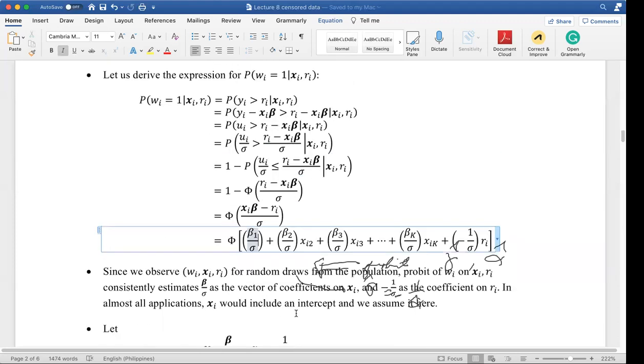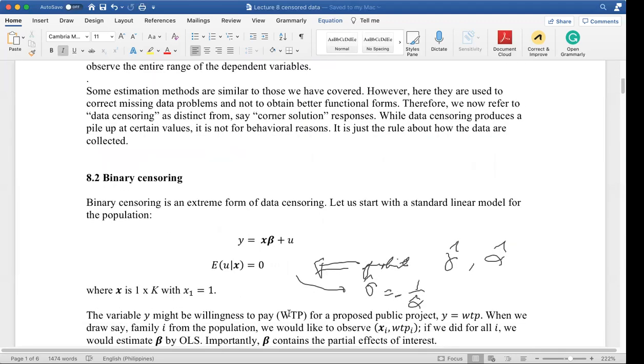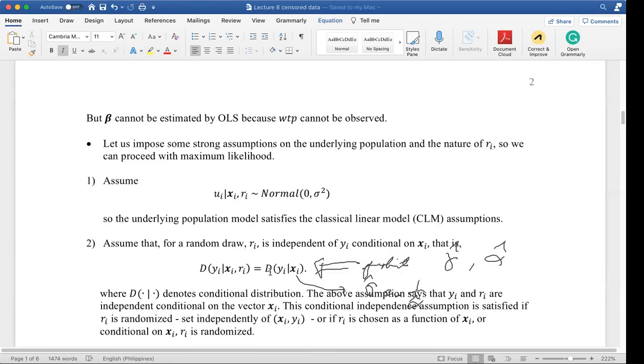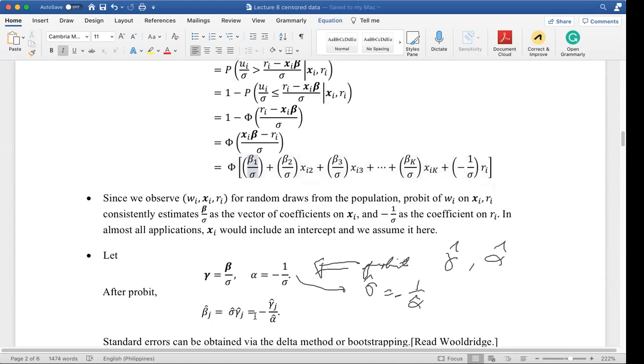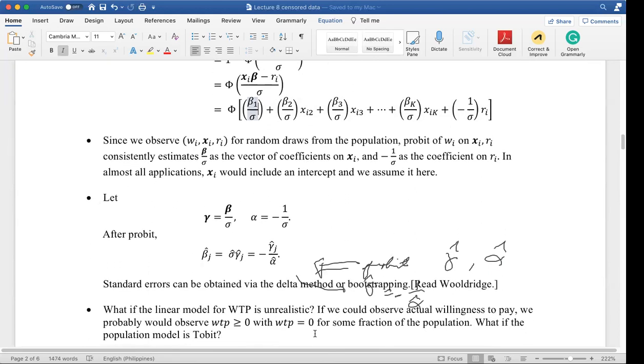When we started off, we said that what we're interested in is the beta here. But probit would give you estimators for these coefficients, so we have to do this transformation to get the beta hat j's. Standard errors for the beta hat j can be obtained by the delta method or the bootstrapping method.